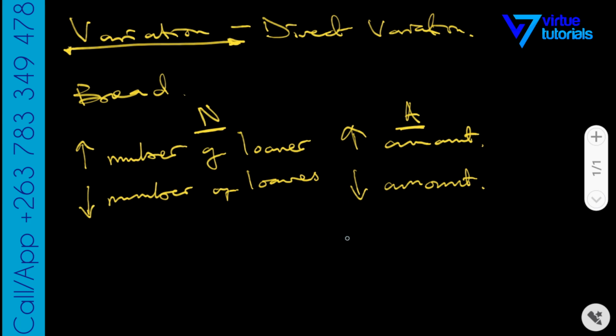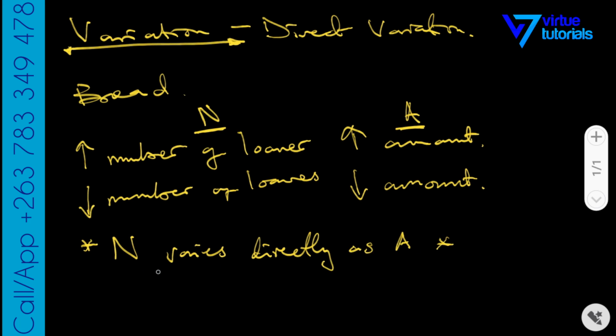So that's what we call direct variation. So we can write the relationship between these two. We can write n varies directly as a. Okay, we can summarize the relationship with this statement: n varies directly as a, meaning that direct variation is a relationship that exists between n and a.